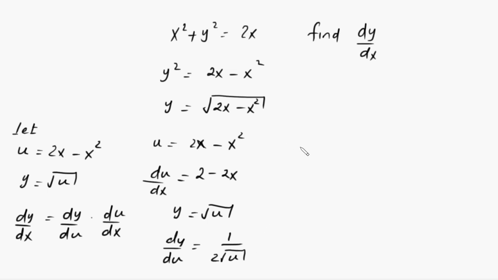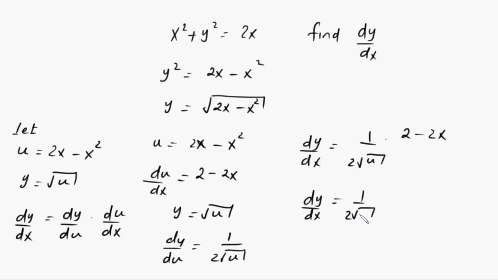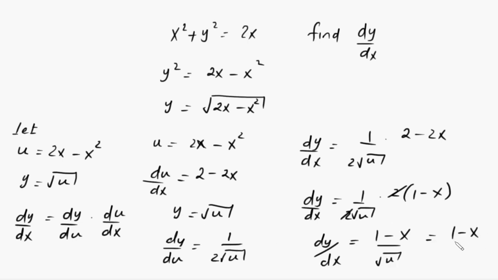So his dy dx now will just be dy du, which is 1 over 2 radical u, times du dx, which is 2 minus 2x. So his dy dx now will just be equal to 1 minus x over radical u. But what is radical u is y. So it's equal to 1 minus x over y.